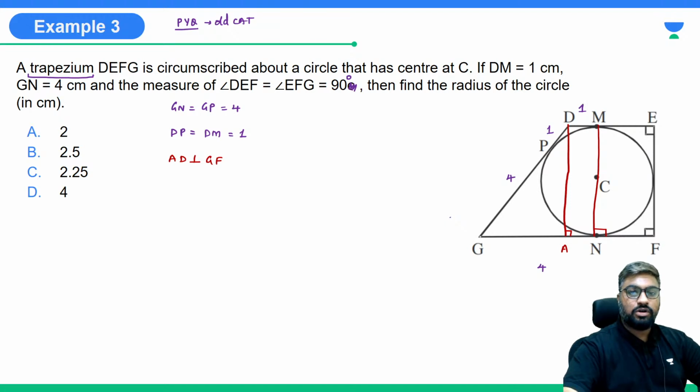Okay, so how do we find this length? How can we find the length of AG? This is 5. Yes, this entire length is 5.